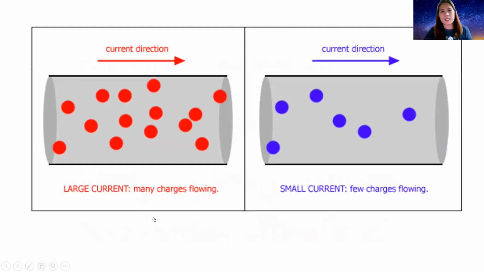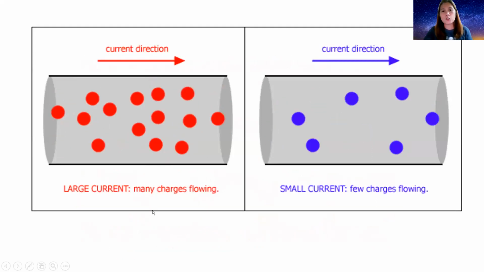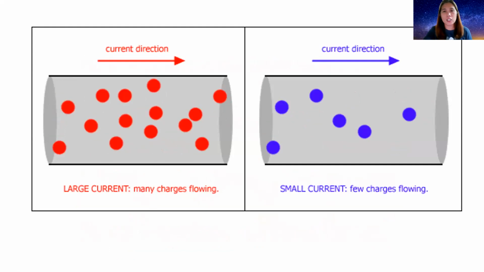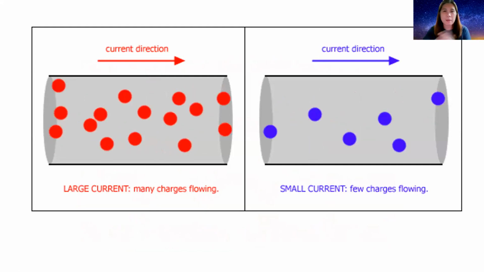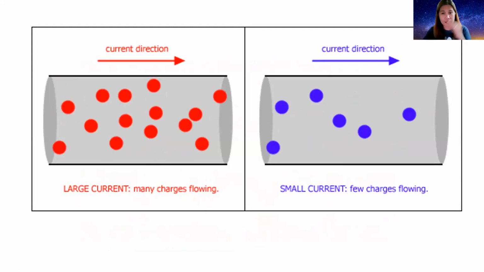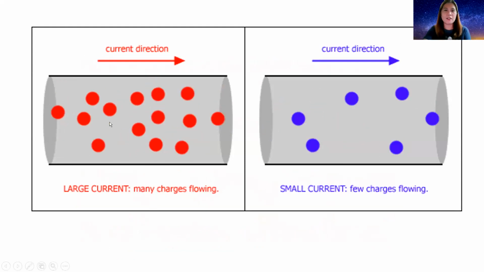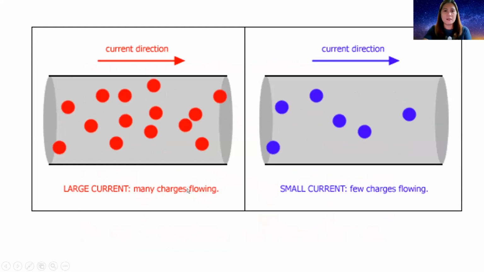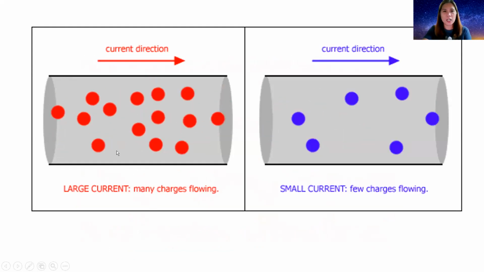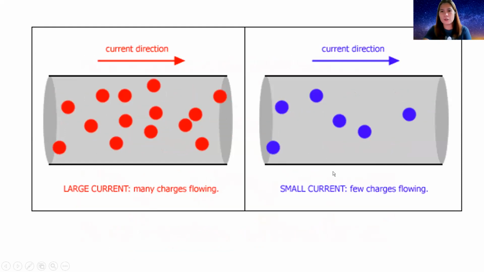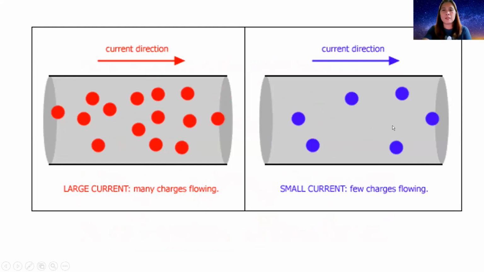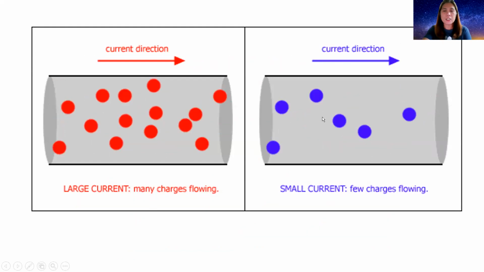Therefore, we say that if we're talking about circuits which have high or large current, then you imagine that there are many charges passing per time in the wire. No? So this is a very simplified animation for that, no, for large current circuits. And then the violet ones here, you notice there are fewer purple circles.